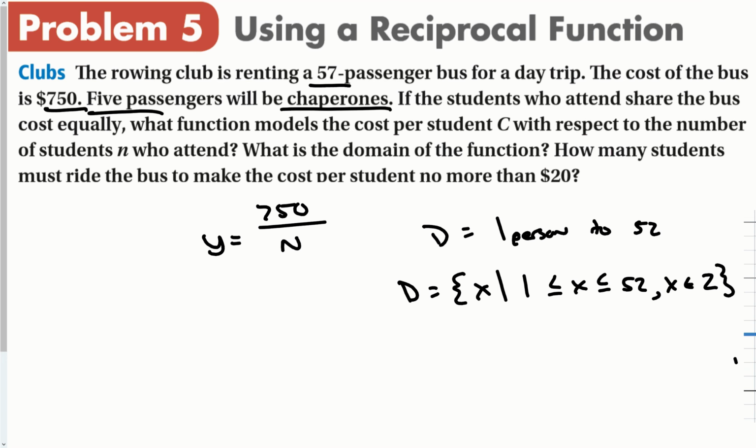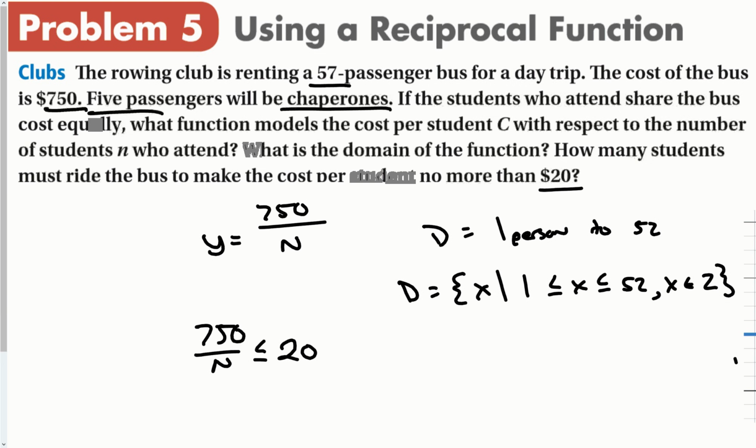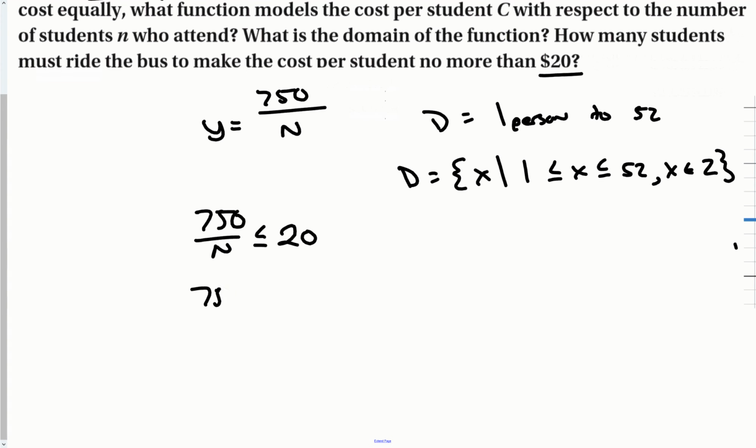Now, how many students must ride the bus to make it no more than 20 bucks? Well, we could set this function up sort of like that. It's a little more difficult to solve this because you would want to set it equal to 0, and I'll show you. So we would basically want to do something like that.